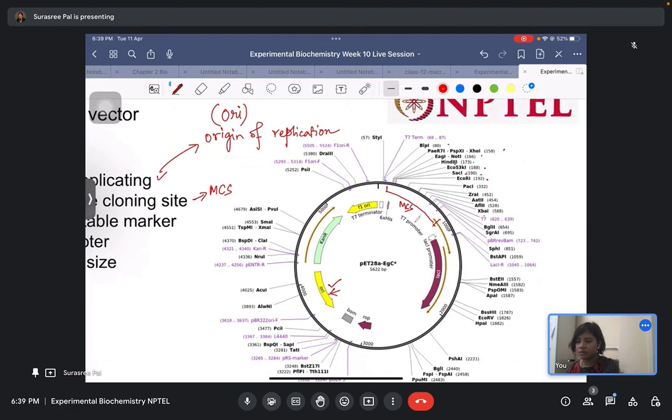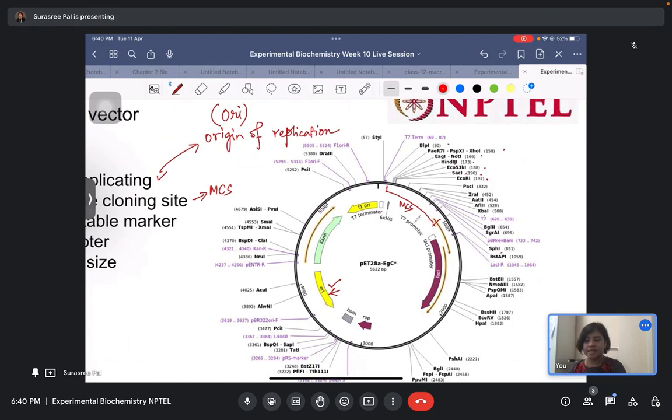XbaI, SphI. These are several restriction endonucleases whose restriction sites are present in this multiple cloning site. The importance of these sites is that they are unique, present only here in this entire plasmid DNA and not elsewhere. Why is it important?